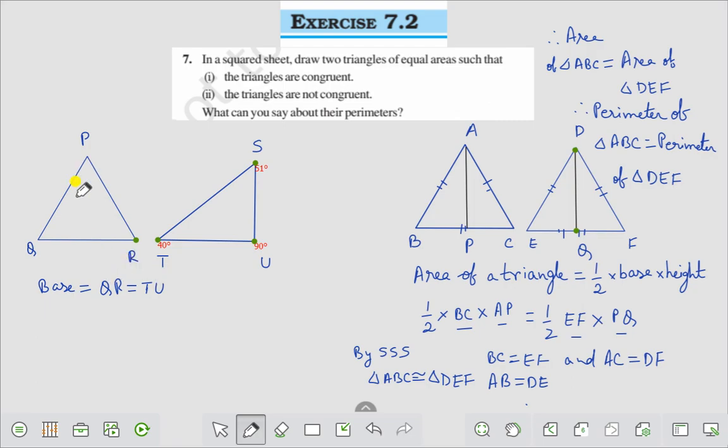If we take the height of this, we have taken the height from here to here. Let us take the scale.